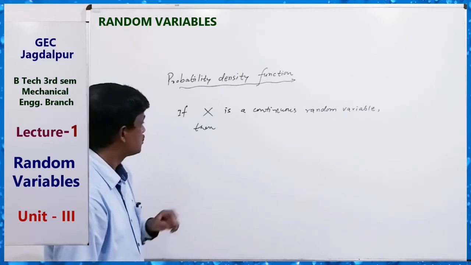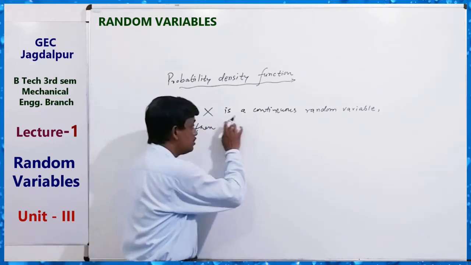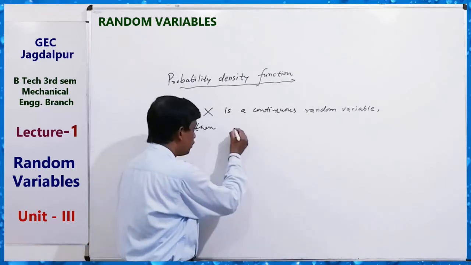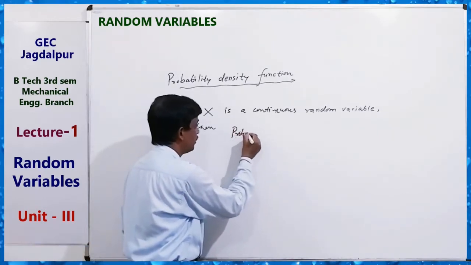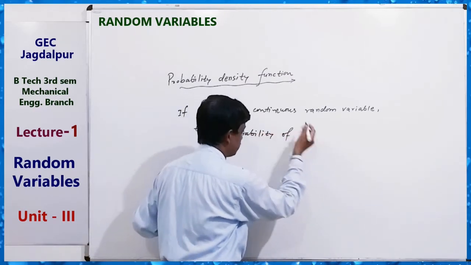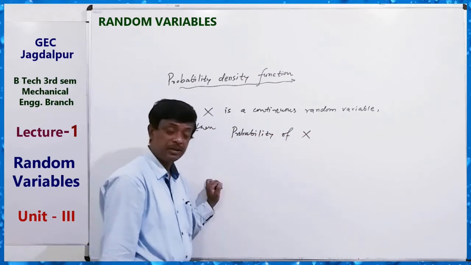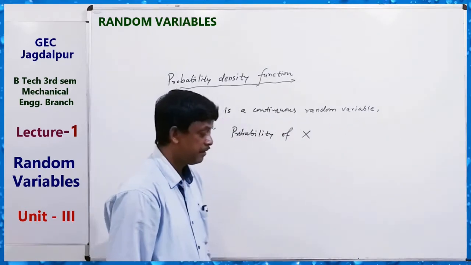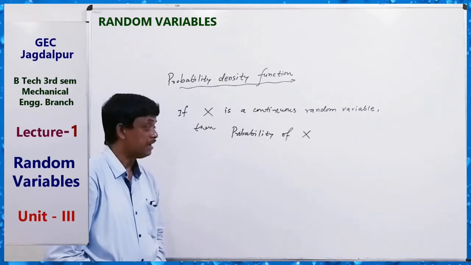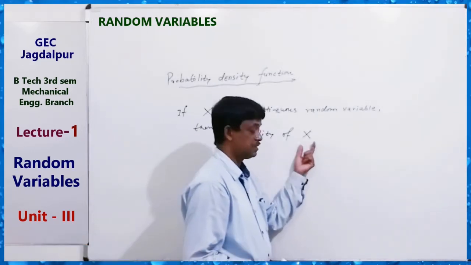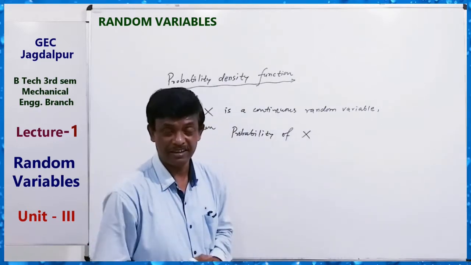Clear? So if x is a continuous random variable, its probability can be expressed because x lies in an interval.